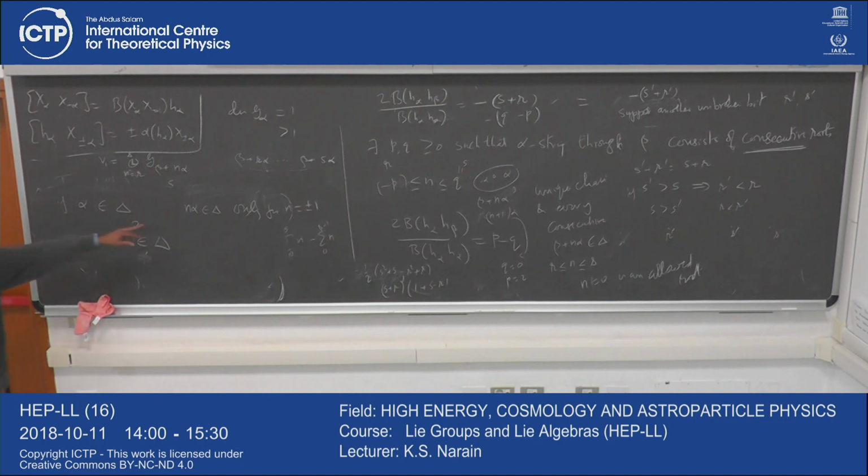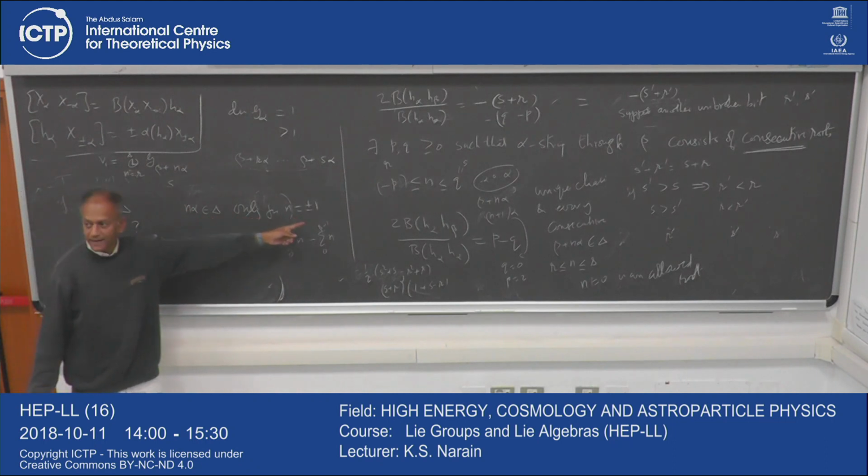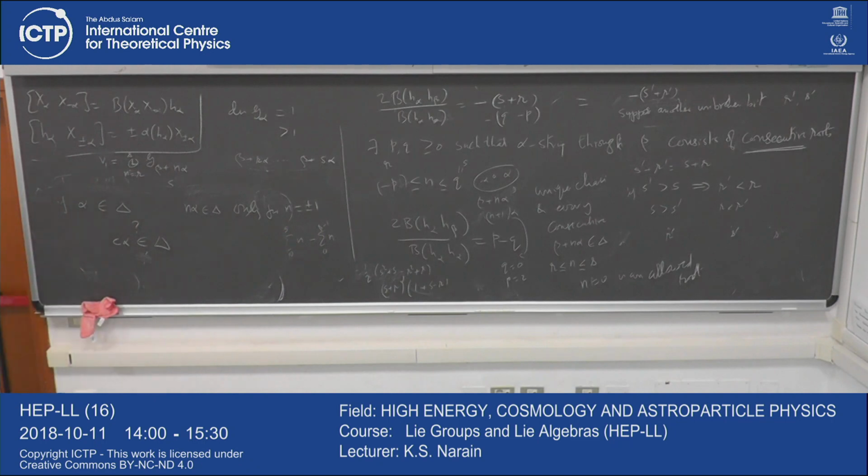Because this statement we have proven only for c equal to an integer, that it doesn't exist apart from plus or minus 1. But how do I know it doesn't exist for c equal to pi, or some other number? So that is a proof here.